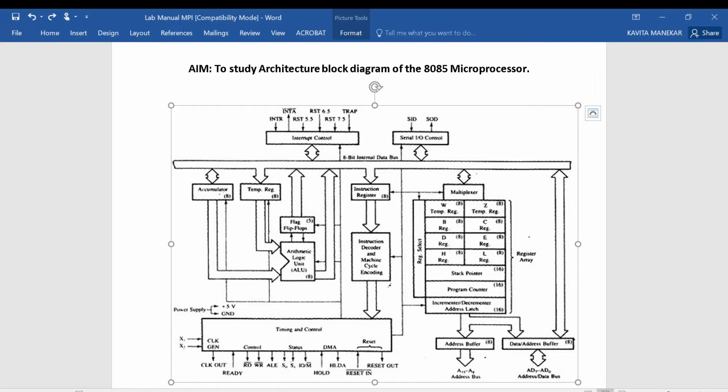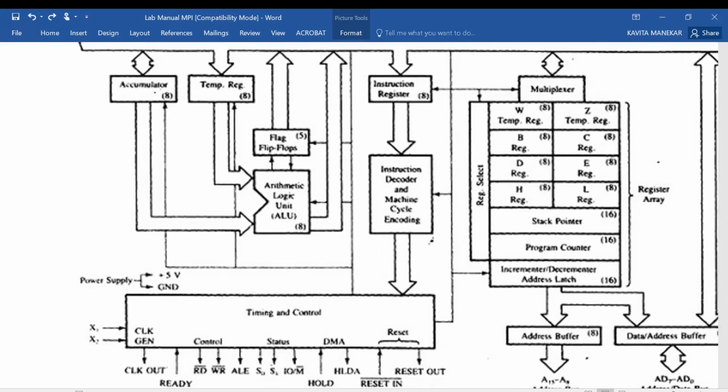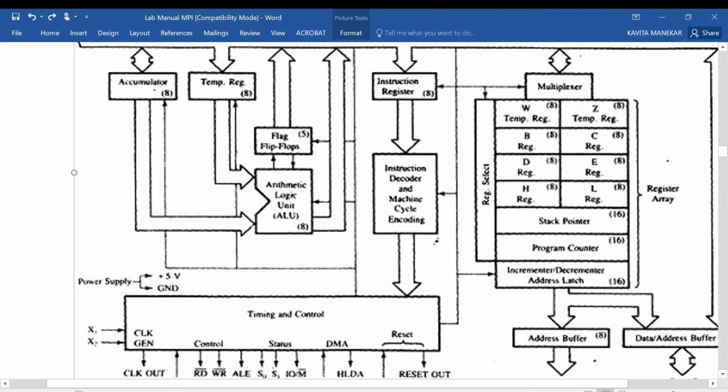Next is WR, that is write signal. This is a write control signal. Again it is active low. Active low means the pin is activated when the input bit 0 is given. Active low means bit 0 has to be given as the signal, and active high means bit 1 should be provided.